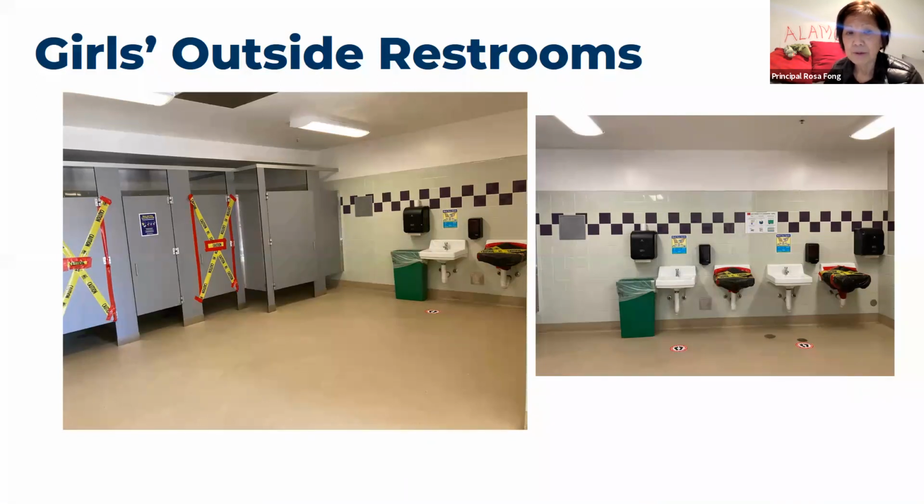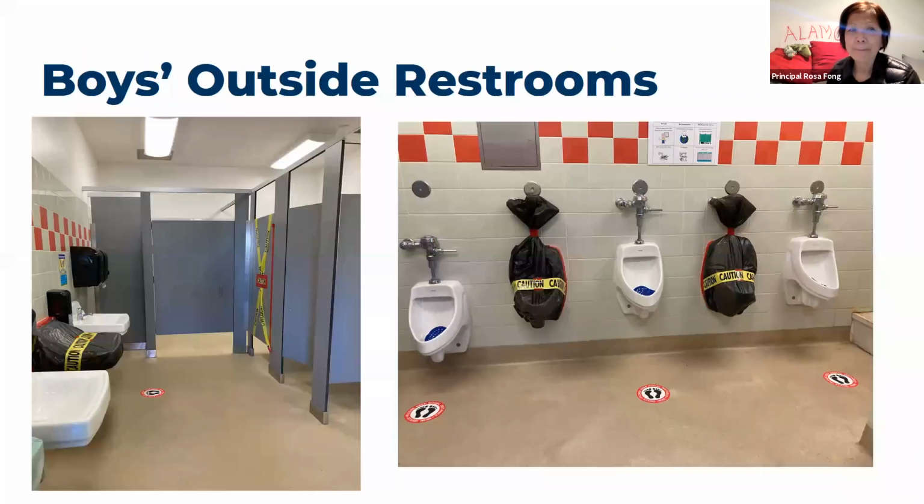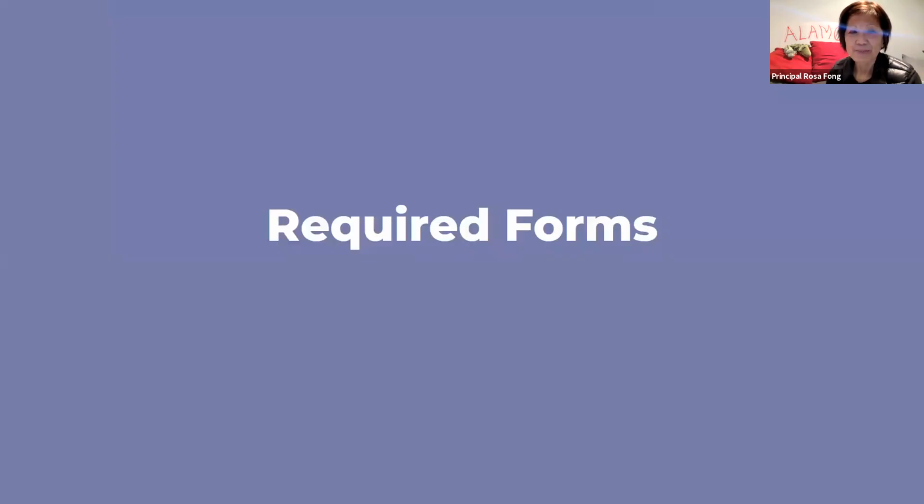So the hand washing part, meaning every other sink has been blocked off to ensure social distancing. These are the boys outside, and previously it was the girls' bathroom. Okay, moving rather quickly. Okay, so Joshua, is this slide number 41?